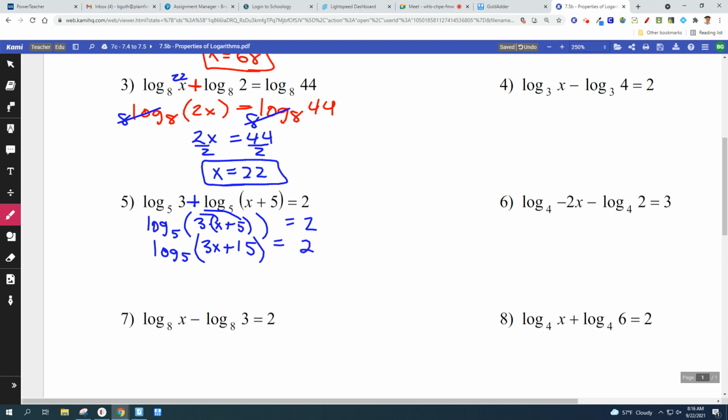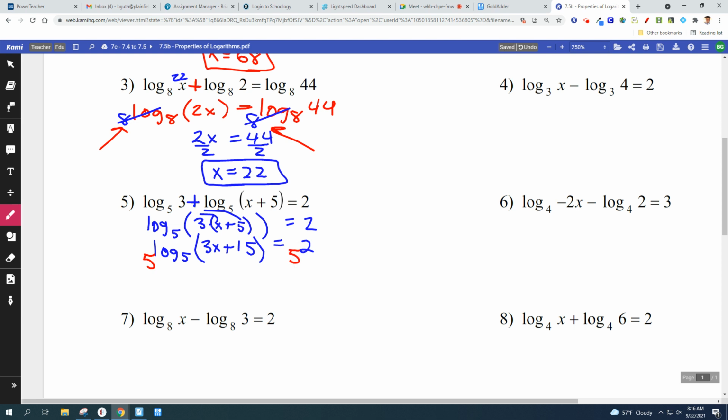Now, we don't want to say 3x plus 15 equals 2, because we have to think about why we get rid of the logarithm. We do need to get rid of that logarithm, but this one's different. On the last problem, we did a base 8 on both sides, and it canceled out the log. On this one, we're going to do something similar. If I want to cancel out that log base 5, I'm going to have to do a base 5 on both sides.